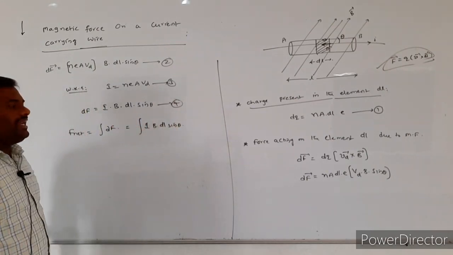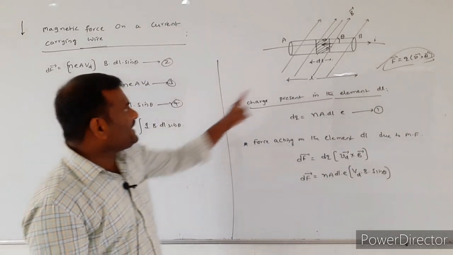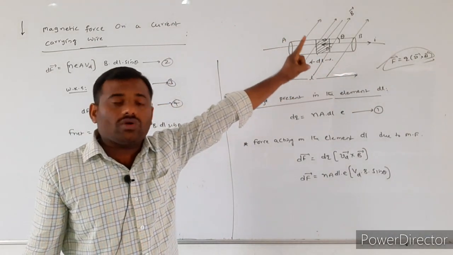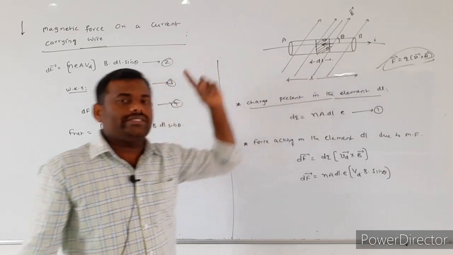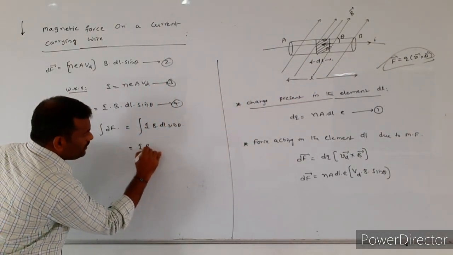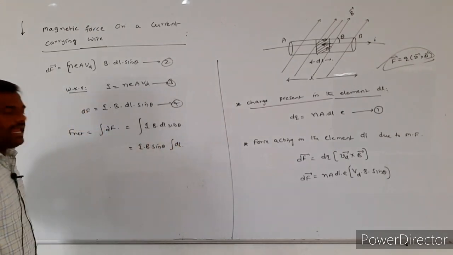Generally the integration is done only for the variables. Here the magnitude of the current is constant, the magnitude of the field intensity is constant, and theta is also constant. So I write I into B into sin theta integral dl.